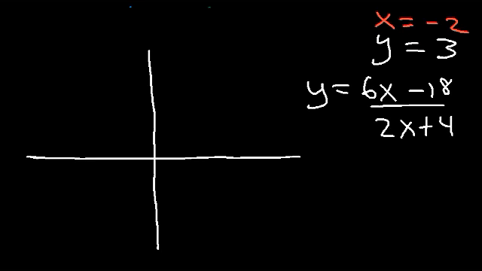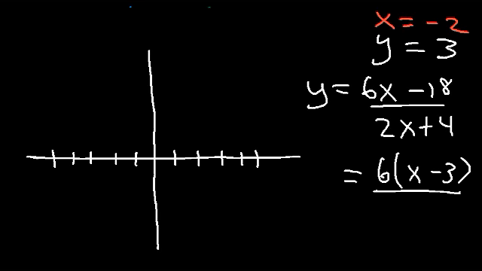It might be helpful to do that before we graph it. Notice that we can factor out a 6 from the numerator. 6x divided by 6 is x. Negative 18 divided by 6 is negative 3. And we can also take out a 2.